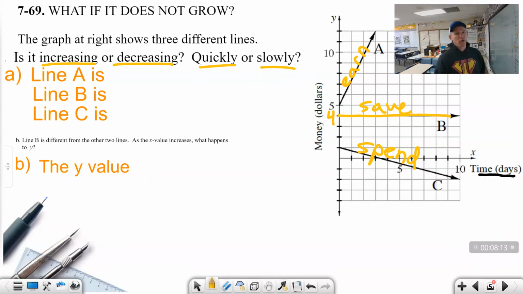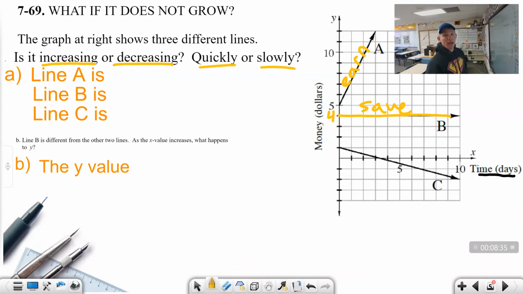Now, yes, some people say, well, you can increase your savings by adding to it, but that requires earning money. You earn money or you receive money and you add it. That would be an increasing savings. So line B is staying the same. And line C. Line C, what are you doing? Are you increasing or decreasing?